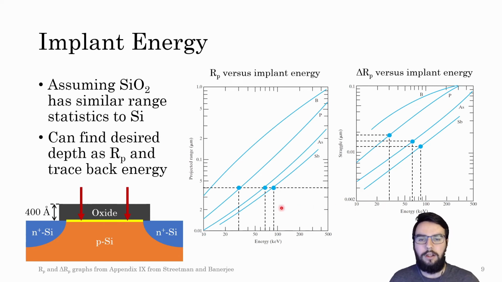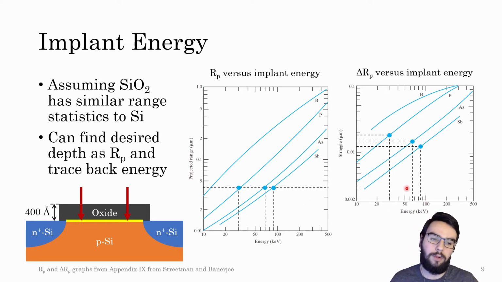We can look at the graphs here on the right, which I got from Streetman, and look for the 40 nanometers that I want to use as a range. We can find the energies for each one of these species.